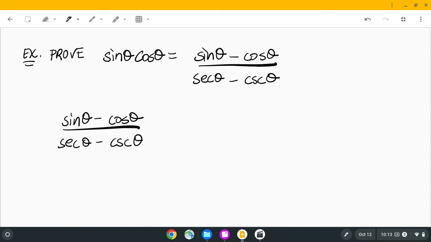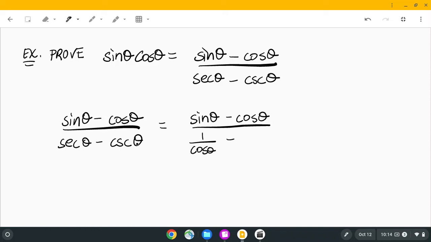Okay. All right. So I'm going to go ahead and change these down here to sines and cosines. Okay, so secant theta is 1 over cosine theta.